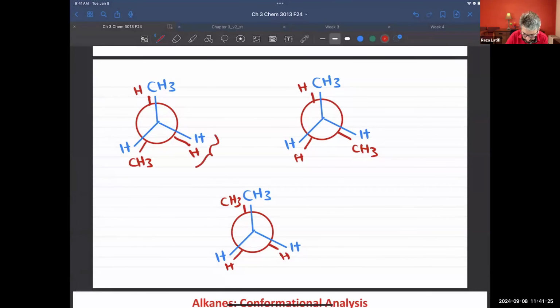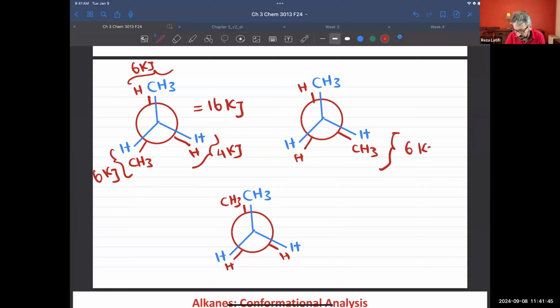These two will cost us 4 kilojoule, here 6 kilojoule, and this one will be 6 kilojoule. So 4 plus 6 plus 6 will cost us 16 kilojoule. Again, here I go 6 kilojoule, 4 kilojoule, and that one 6 kilojoule.